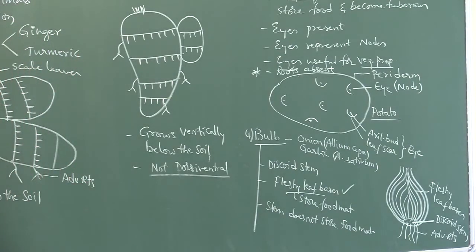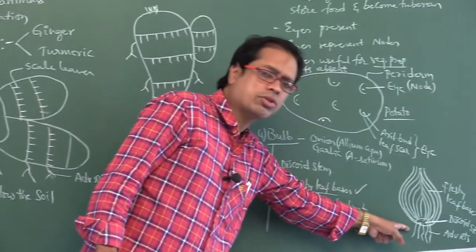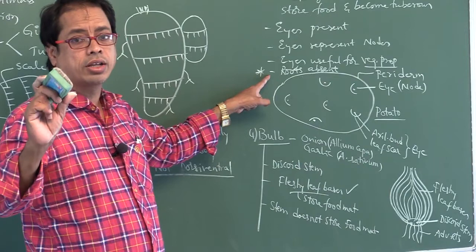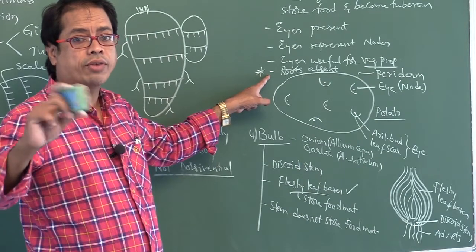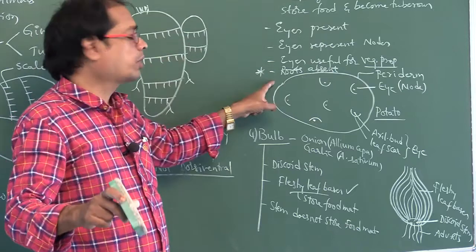So here adventitious roots present, here adventitious roots present, here adventitious roots present, but here adventitious roots are absent. The only underground stem modification in which adventitious roots are absent means stem tuber.